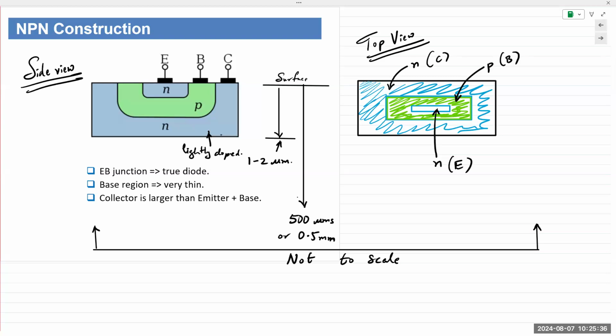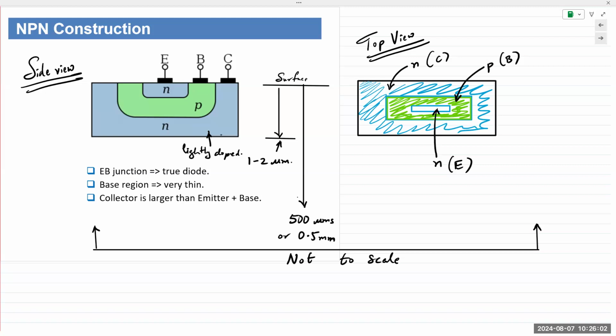Remember, doping is the process of introducing impurity material inside your semiconductor, right? The more impurity materials you have, the more charge carriers you generate to conduct your electricity. So if it's lightly doped, you have less charge carriers. If it's heavily doped, you have a whole lot more charge carriers. So the collector junction is always lightly doped.